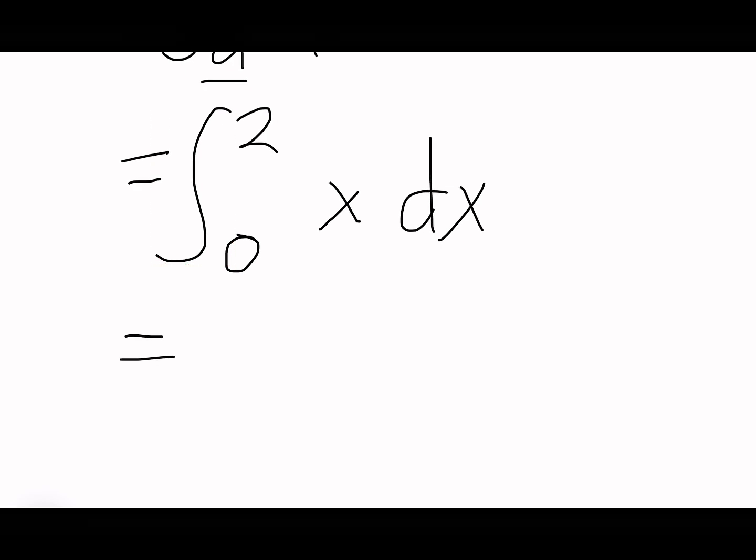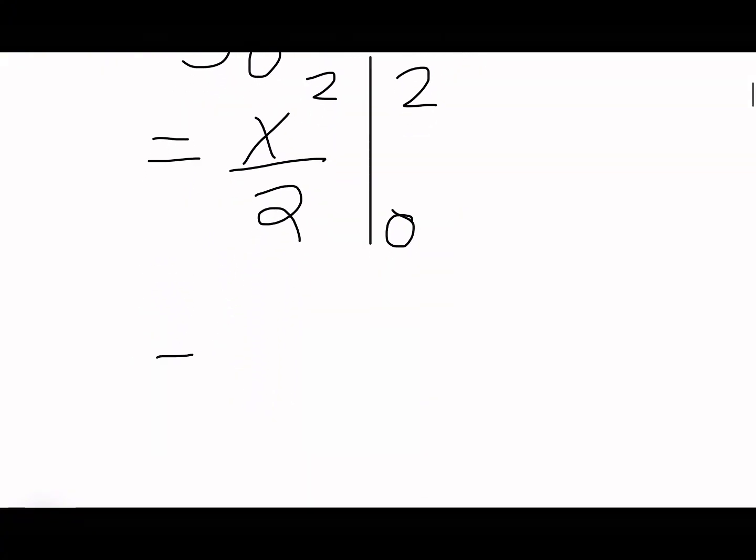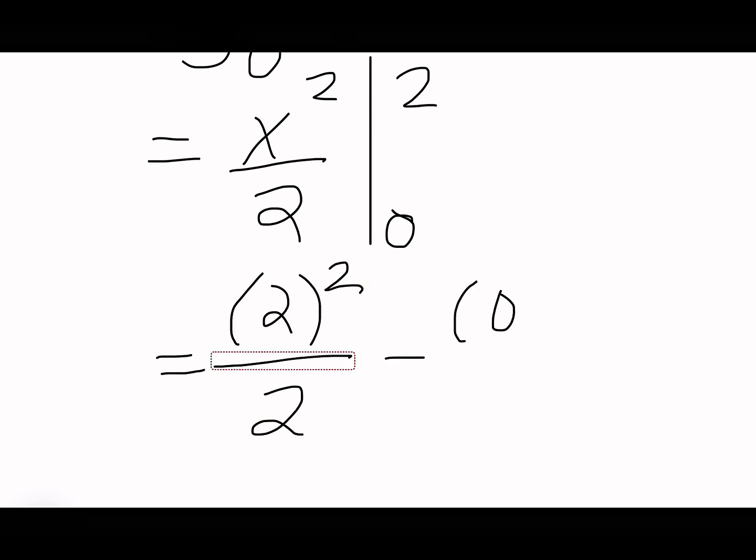So now we're going to use the power formula to x, so it's going to be x squared over 2. And now we're going to evaluate it from a to b, or 0 to 2. So first we need to plug in the 2. It's going to be 2 squared over 2 minus 0 squared over 2.